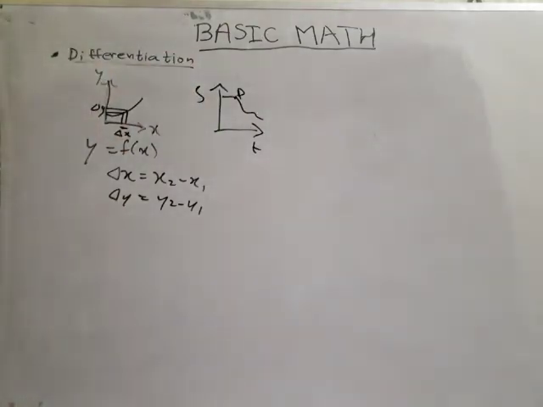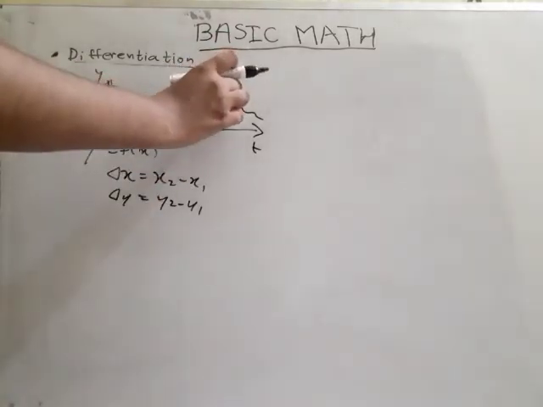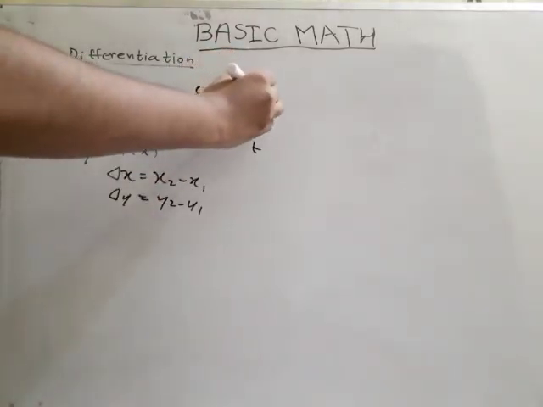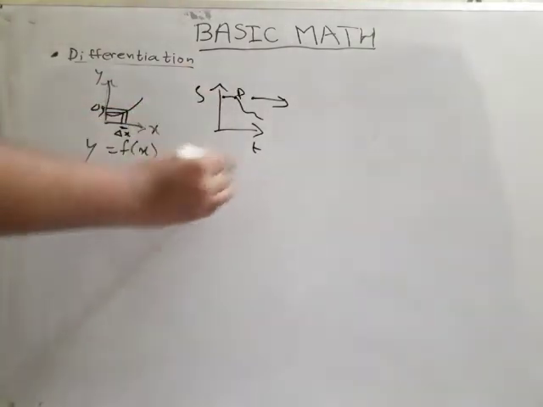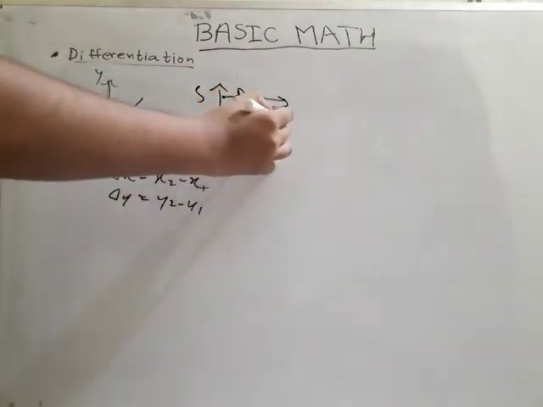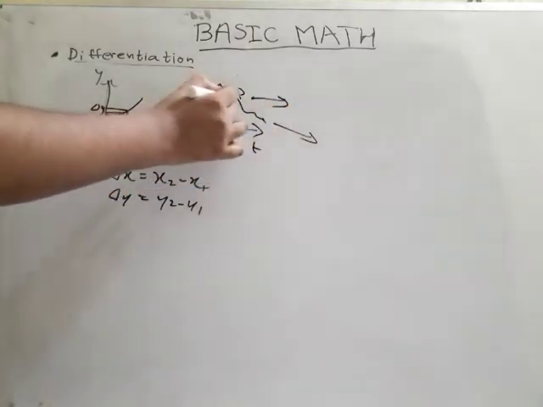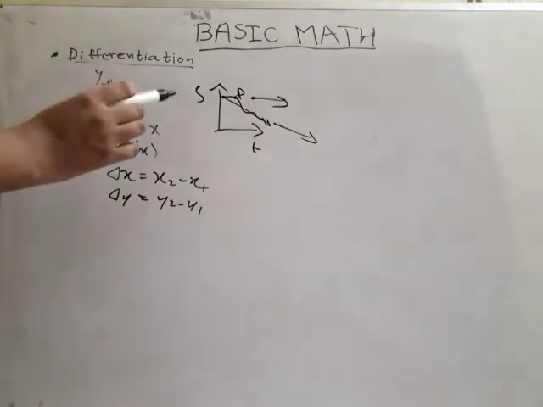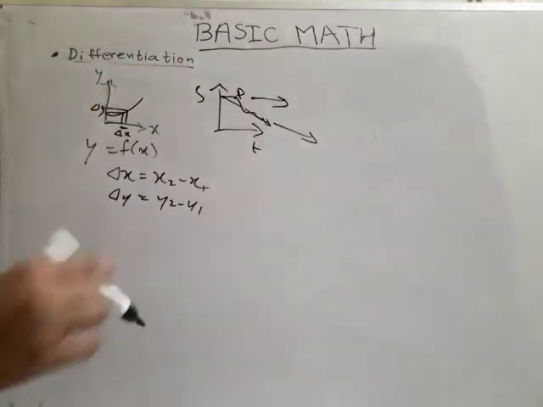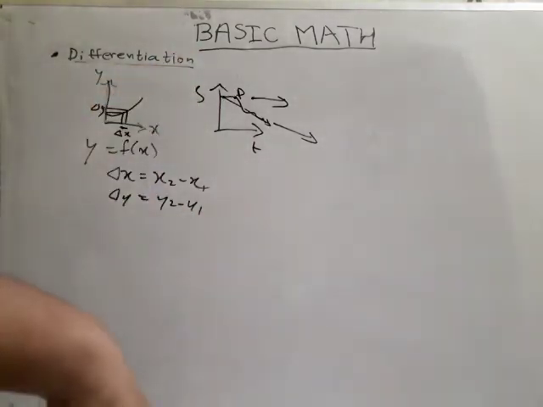Now we know velocity is what? Total displacement by total time. At this point displacement is along this direction, but overall we see that the initial point is here and the final point is here, so velocity will be along this direction. But we have to find the velocity at point p, so we call it the instantaneous velocity.